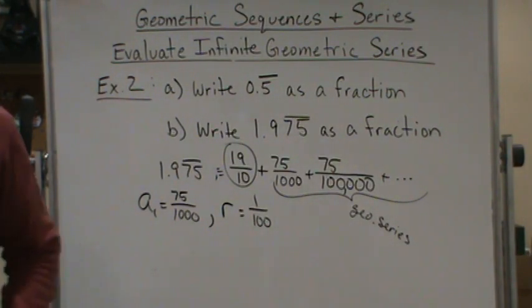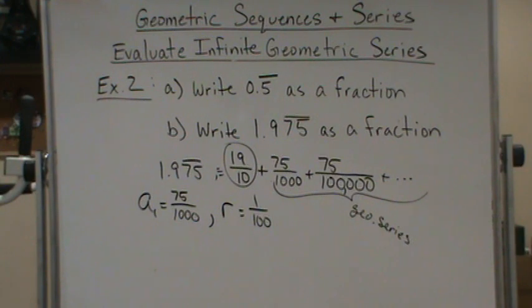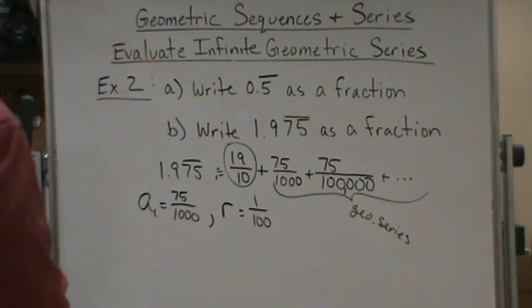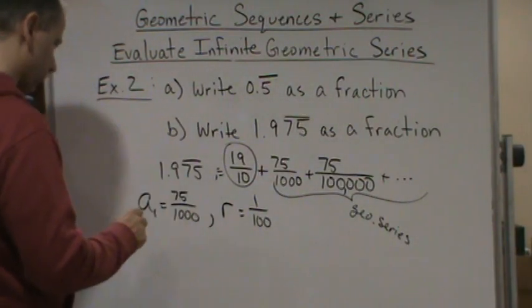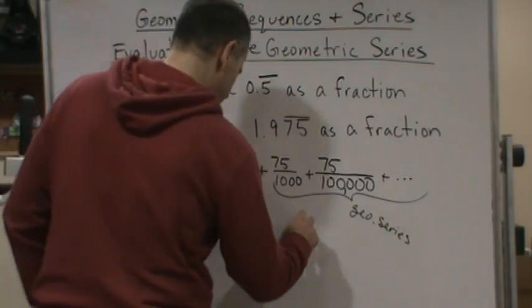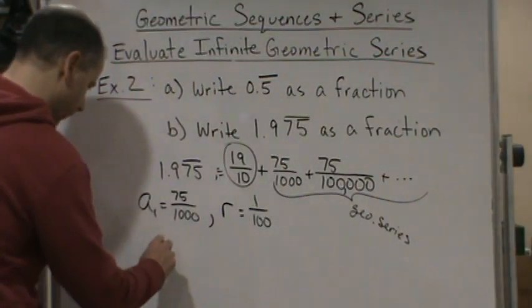And so now what we want to do is use our formula to write the sum as a fraction, and then we'll add the 19 tenths to it.